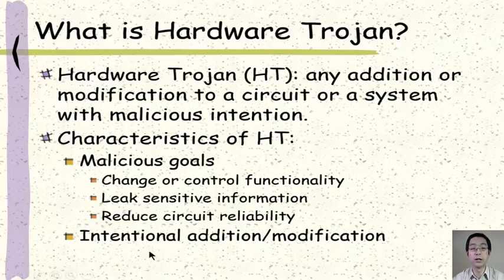These are not intentionally introduced into the system, so they are not considered hardware Trojans. Also, we talked about the scan chain, which is part of the testing circuitry. These are intentionally added to the system, but they're not added for malicious purposes. So scan chains are not hardware Trojans either.